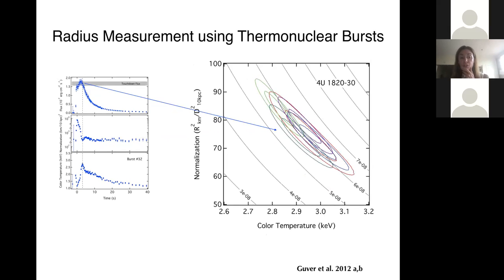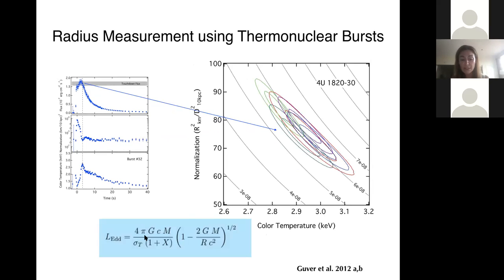but the nice thing about thermonuclear bursts is that some of them also reach the Eddington limit, where the outermost layer of the star actually gets lifted off because of the radiation pressure. This is the expression for the simplest Eddington limit, again with the GR correction here.